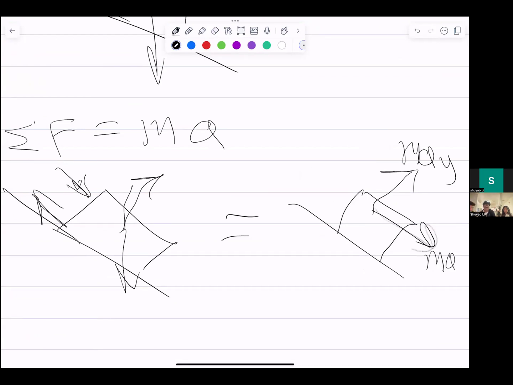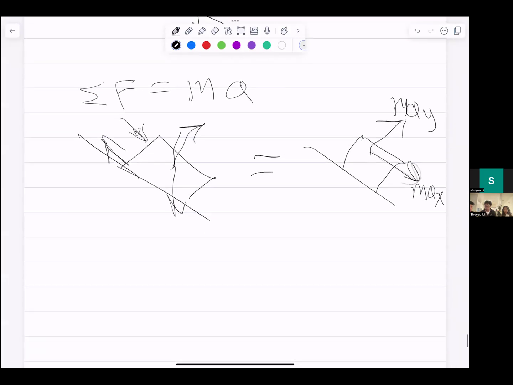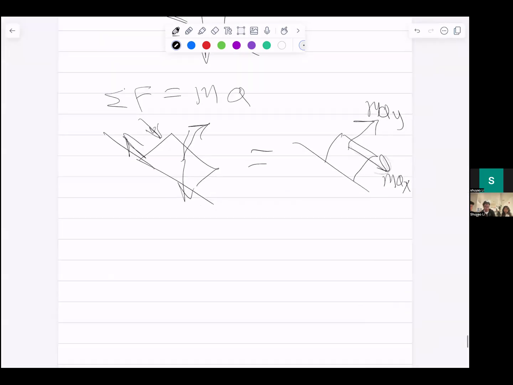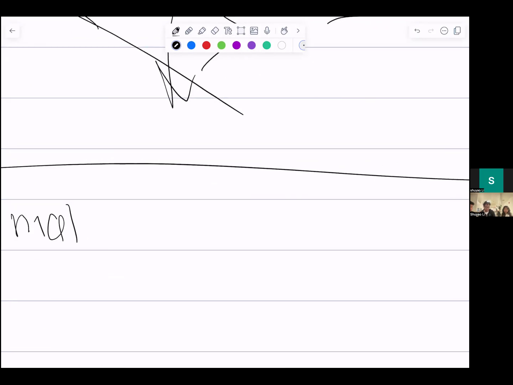That would be m a, and that's the general idea of it. A key thing to know would be the normal and tangential acceleration of a problem.